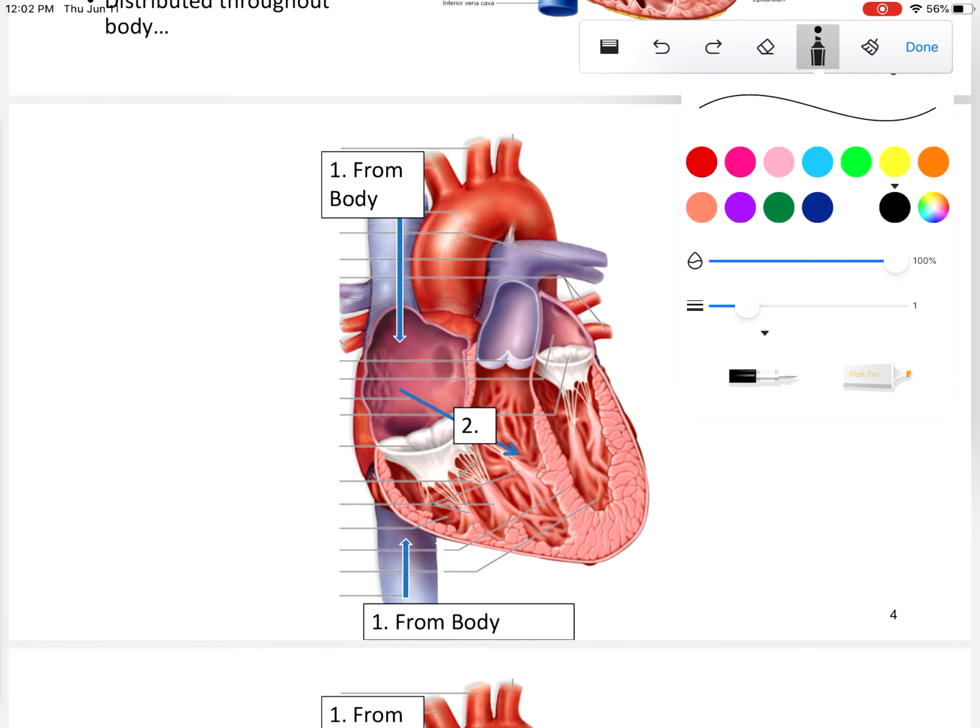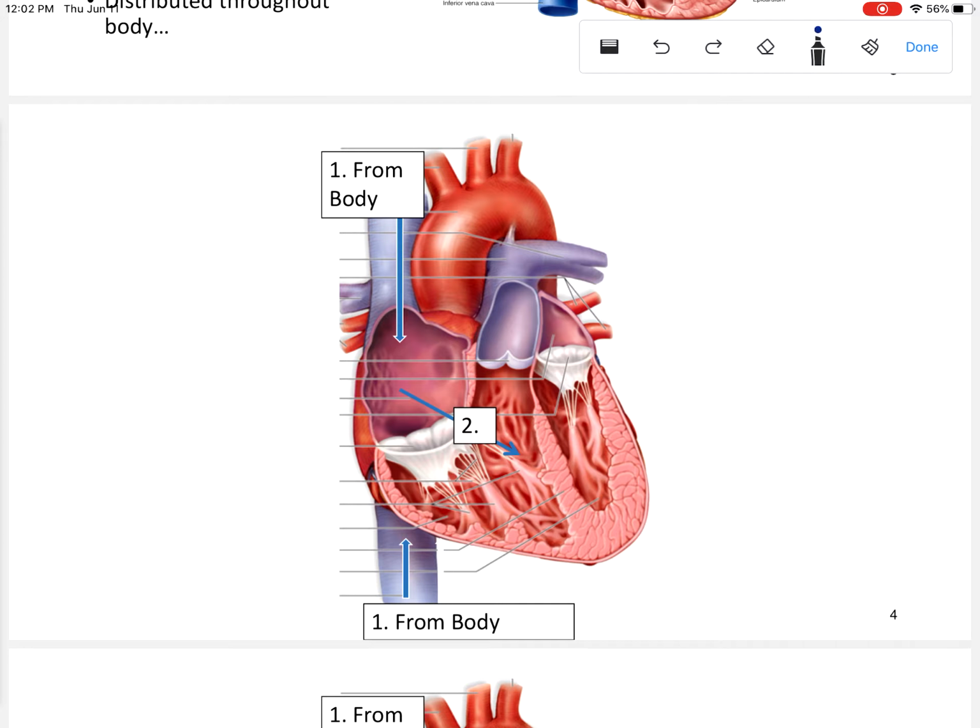Okay, so let's look at how blood moves through the heart. What we're going to see is that we're starting with these arrows that are blue. And why are these arrows blue? Because we're talking about veins. Most of the veins, with the exception of the pulmonary veins, are blue.